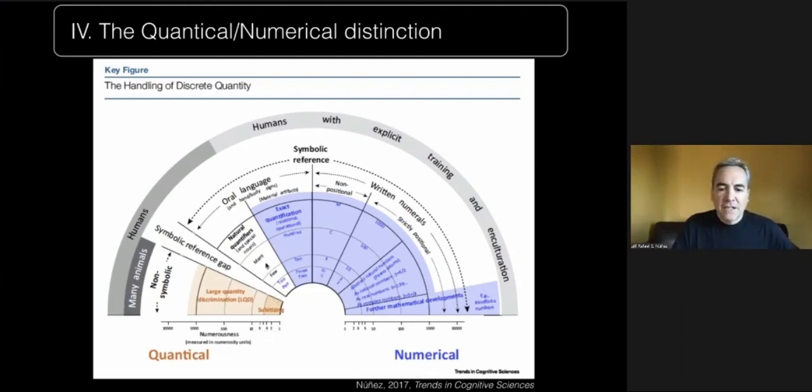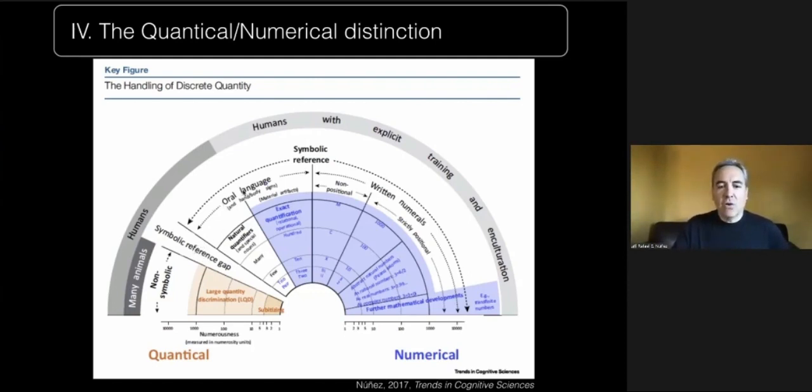And then there's a gap, as you can see here, between the red area and the blue area, which is the symbolic reference gap. So here, many non-human animals and humans would have this capacity, biologically endowed, but with the symbolic reference capacity, which is not, the generic capacity may be biologically endowed in the human species, but the individual symbols referring to individual things is not something that is biologically determined or evolved, as we'll see in a minute.